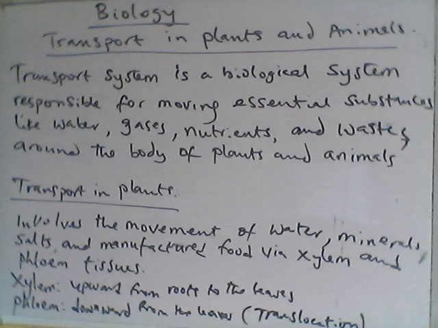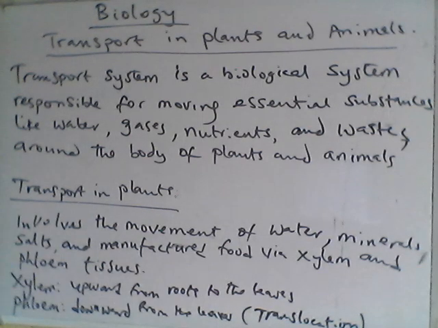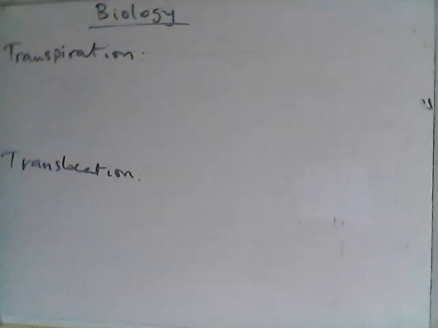So the phloem and the xylem are the tissues where transport occurs in plants. That is where movement of materials, minerals, water, salt, and manufactured food go through.